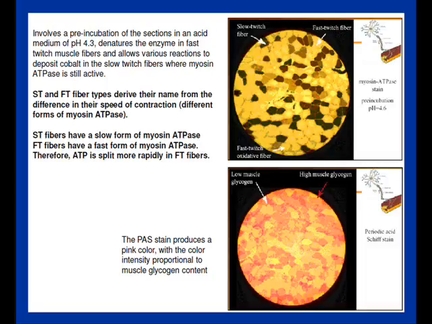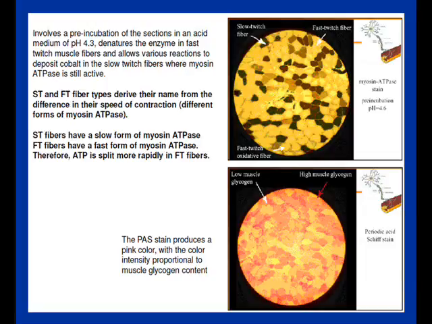Now, the actual process can get tricky, okay? So when you've got those sections, basically, we put these sections into different types of mediums, whether it's an acidic medium or an alkaline medium. For instance, we pre-incubate that muscle section in an acid medium of pH 4.3, very acidic. What that does is denature the enzyme in fast twitch muscle fibers.